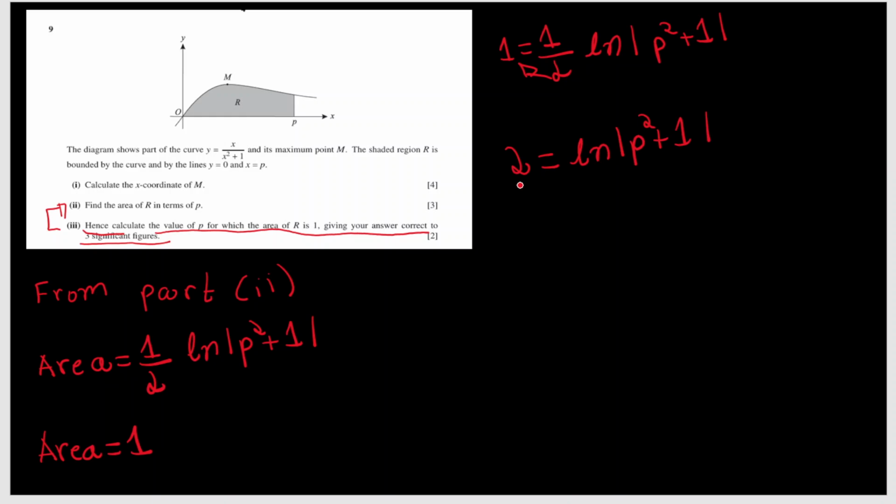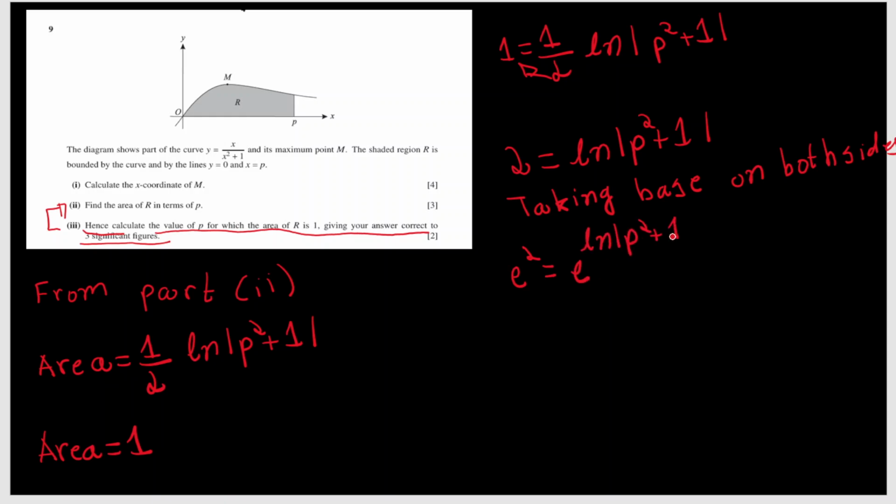So taking base e on both sides, I've also explained in another video of mine what's actually happening over here. So e square is equal to e to the ln p square plus 1. We know that e to the ln a is equal to a. So we are just going to get p square plus 1. So e square is equal to p square plus 1.